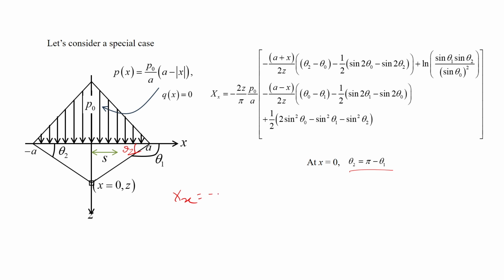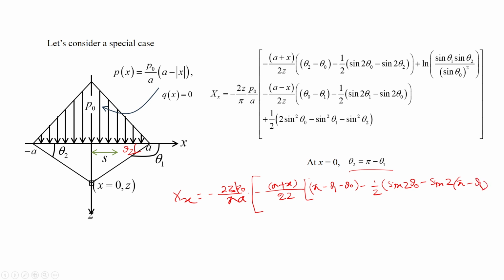So, sigma x x is equal to minus 2 z p 0 by pi into a, and here minus a plus x by 2 z, and here theta 2 is pi minus theta 1. So, it is pi minus theta 1 minus theta 0 here minus half, and here it is sine 2 theta 0 minus sine 2, and instead of theta 2 I have pi minus theta 1 here.